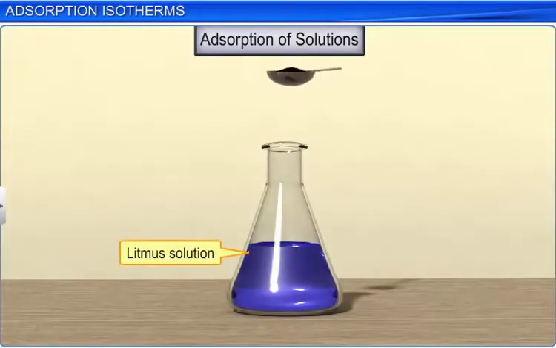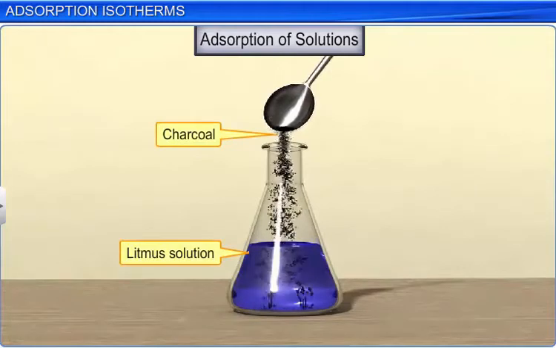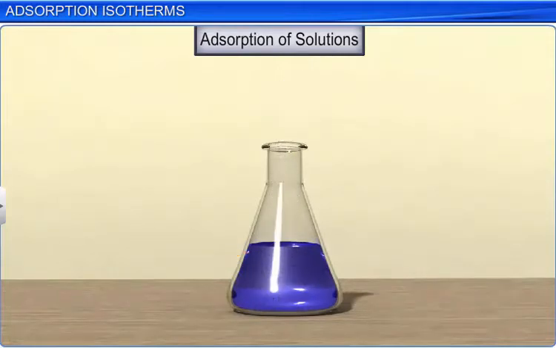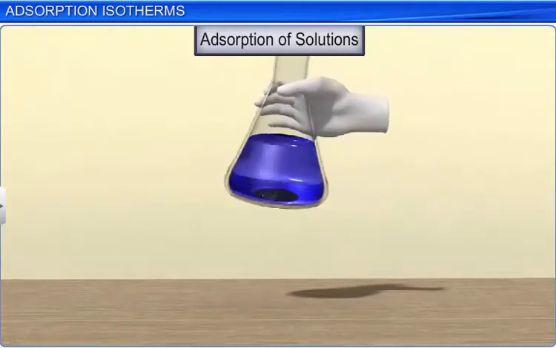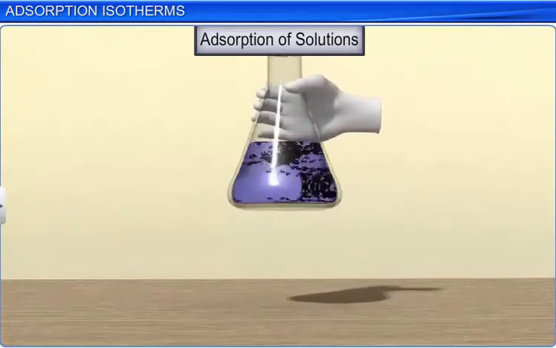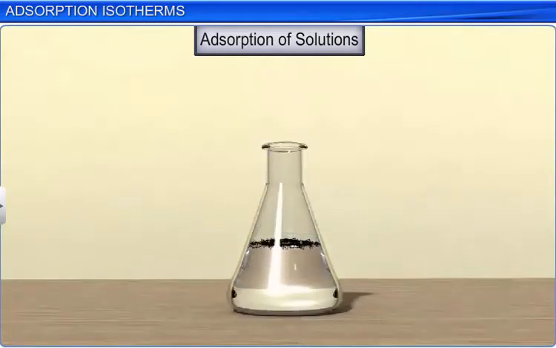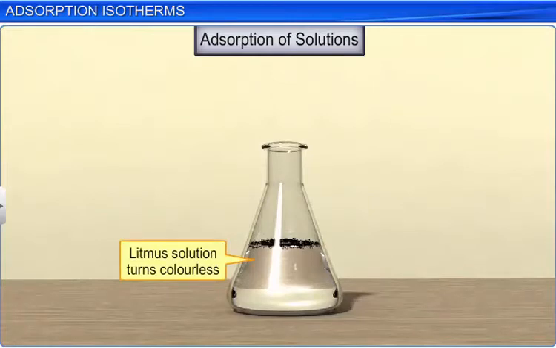Take a litmus solution and add charcoal to it, and then shake it thoroughly. You will observe that after some time the litmus solution turns colorless. This is because the dye of the litmus solution is adsorbed by the charcoal.